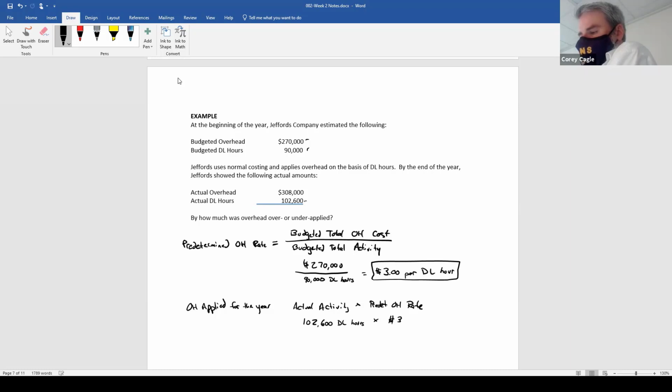We would have applied overhead every time one of those hours was worked on a job. That job would have gotten $3 added to it as cost. So for the whole year, we would have applied 102,600 times $3. We would have applied 307,800 total overhead applied to jobs for the year.